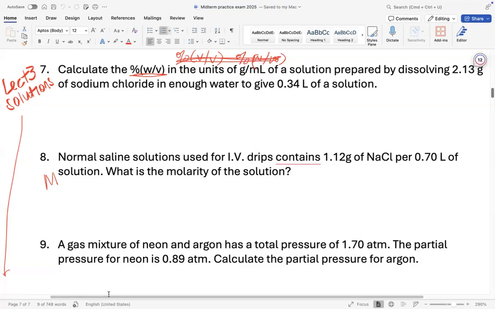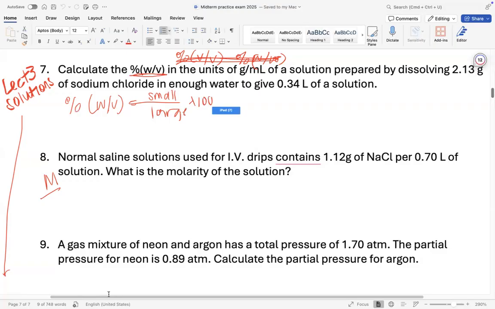Number 7 is where we're going to calculate the concentration of weight volume. Number 8, we're going to calculate the concentration of molarity. Oh, number 9 is not the question I thought it was. Never mind. Okay, so looking at number 7, the formula for weight volume is basically small over large times 100.